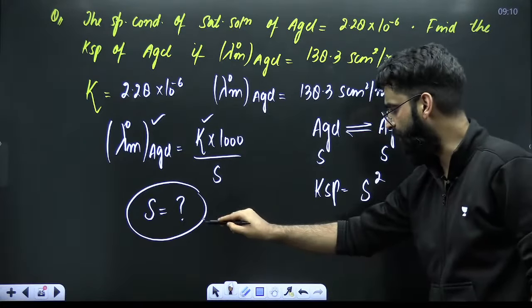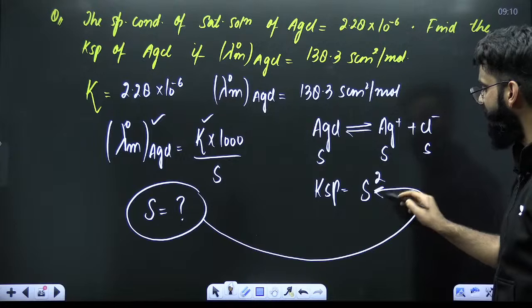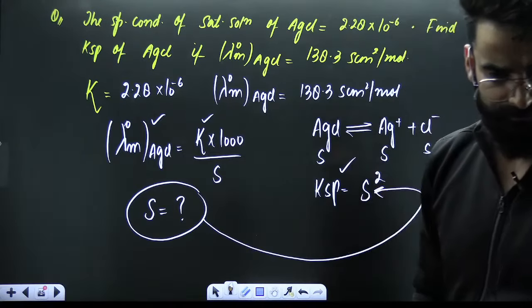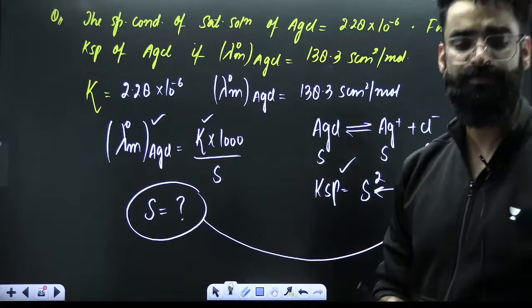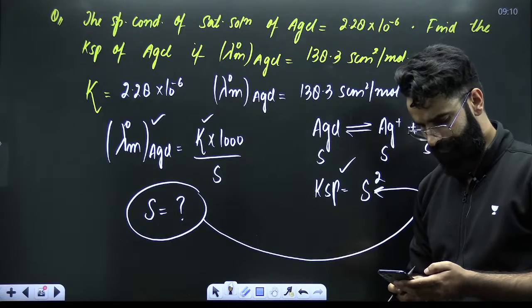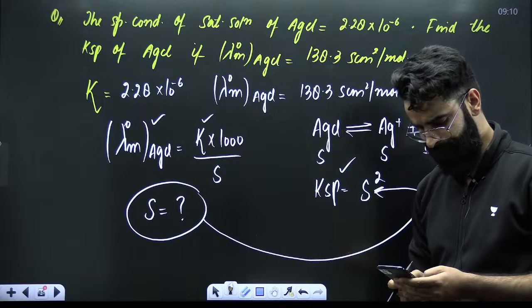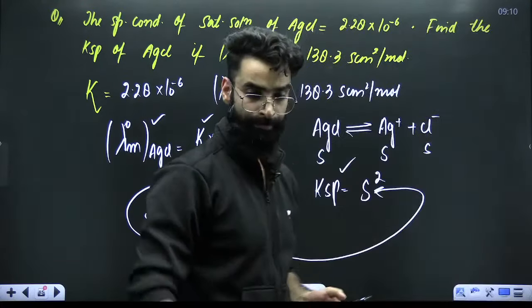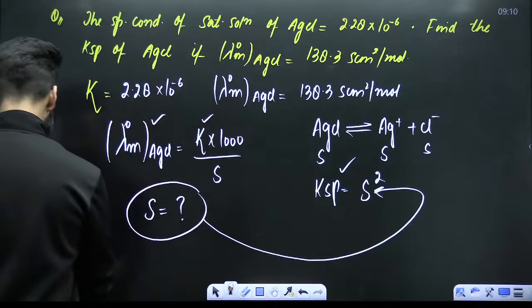You will calculate the S value from here, put the value of S here, and S squared will give you the value of KSP. Understood? This is the approach of solving the question. The calculation part, I'm sure you can do on your own. Clear, guys? One more question I'm writing. Let me see if you can solve this or not.